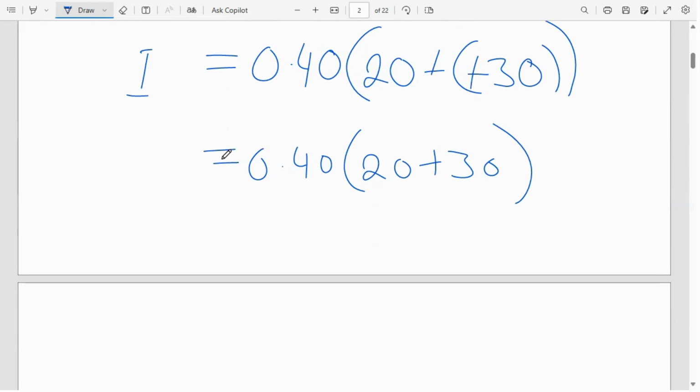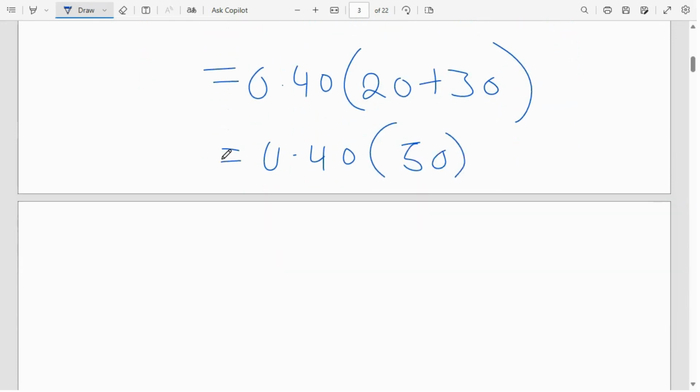Then we can add the ones inside the brackets, so it's 0.4 multiplied by 50.